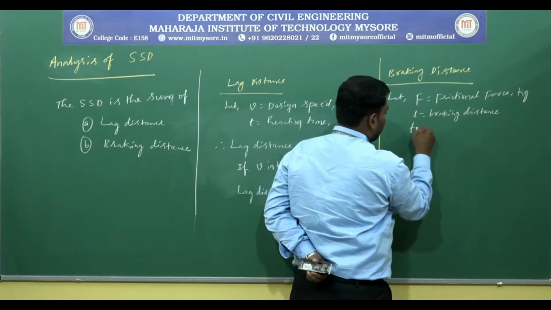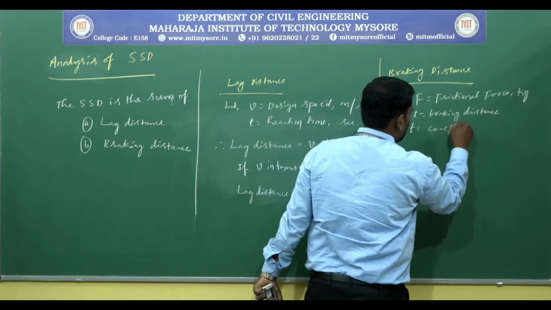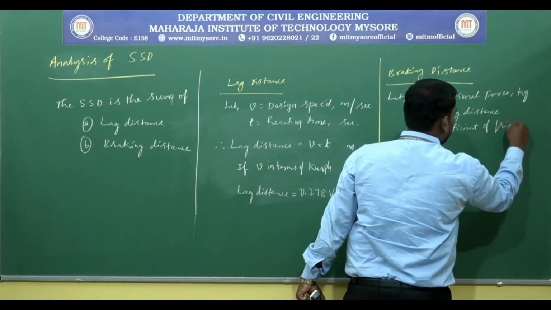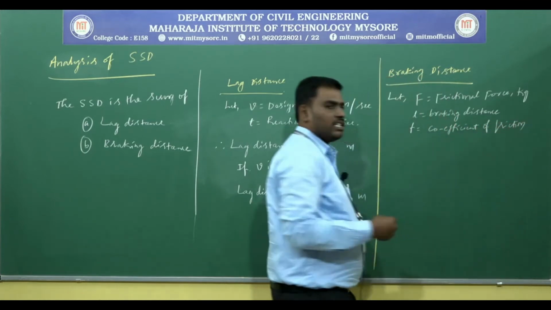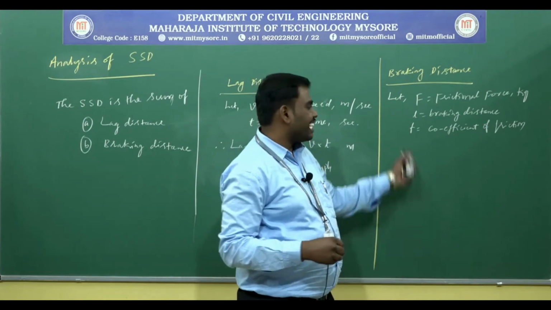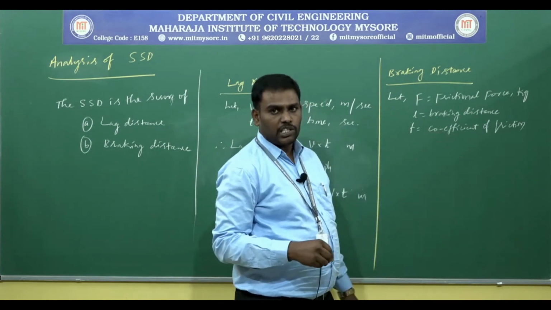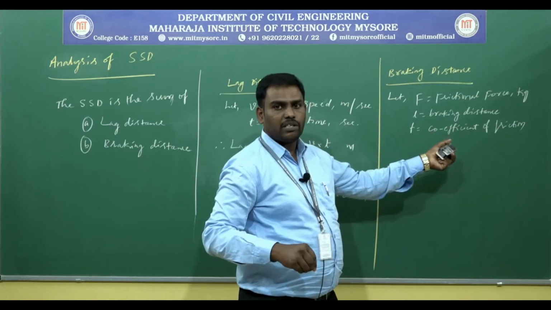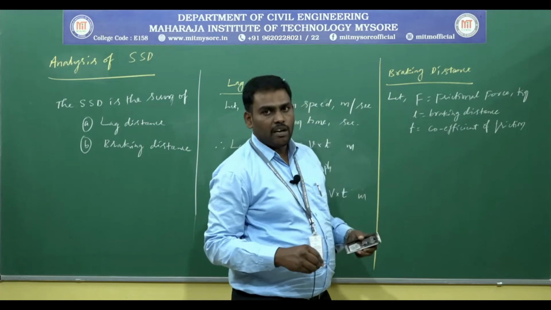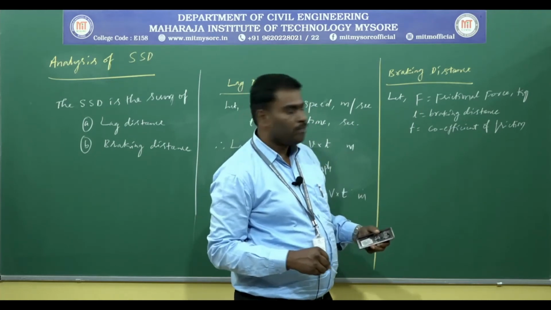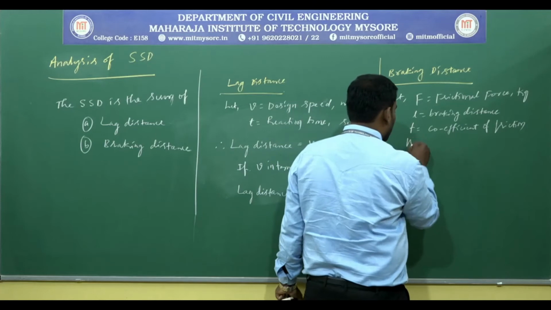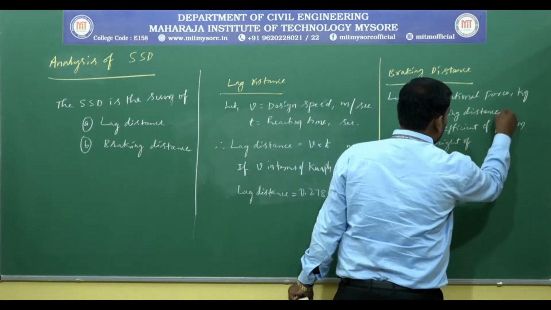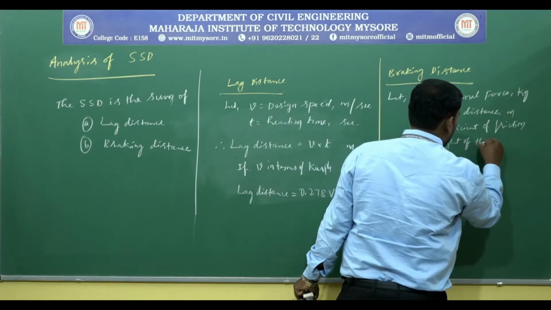Small f is the coefficient of friction, or we can say skid resistance. This is the longitudinal friction. IRC has suggested values of the coefficient of friction for the calculation of stopping sight distance from 0.35 to 0.4.